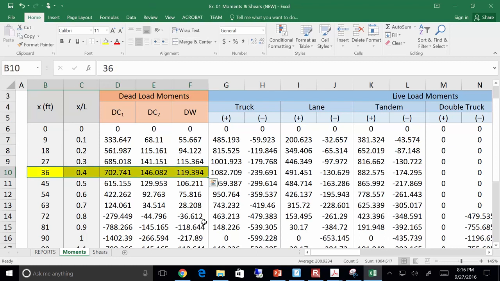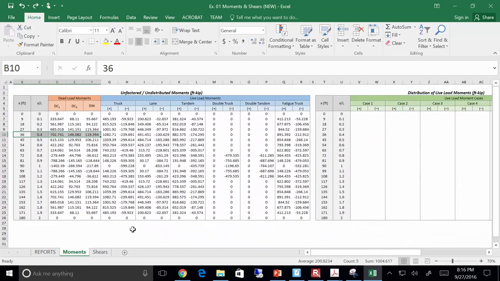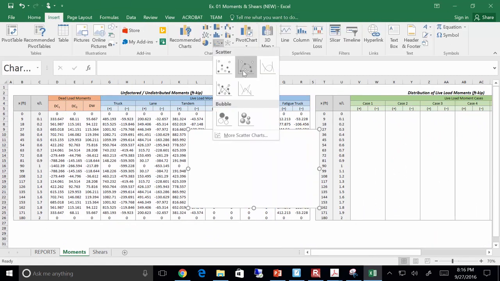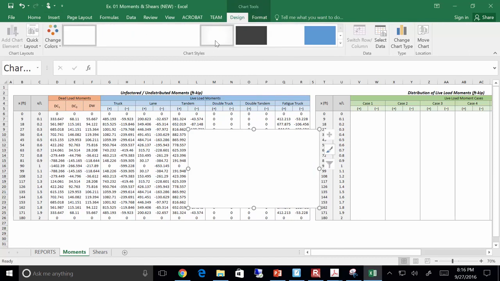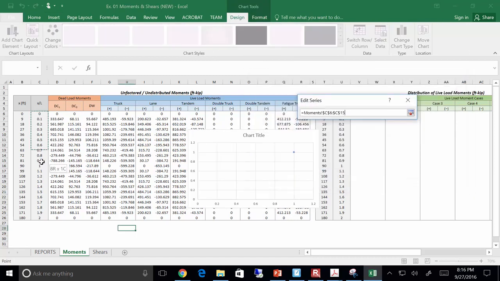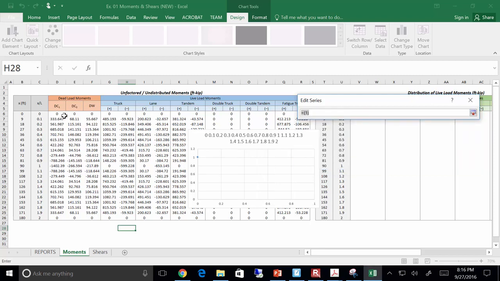Everybody see that? If not, what you can do is this. Let me zoom out a little bit. I'm going to create a plot. Select data, and I'll do 10th points on the x-axis. Put that on the wrong axis. Put the 10 points here, and put the, let's say the DC1 moments, and put those there.